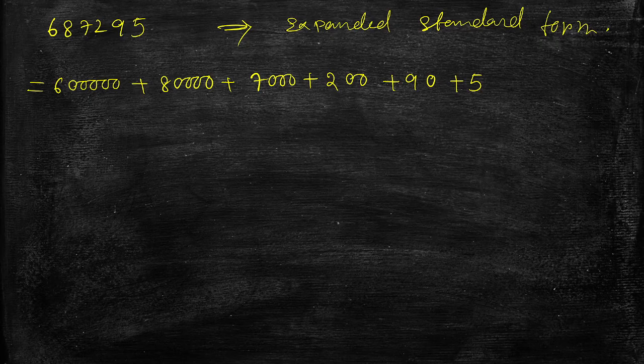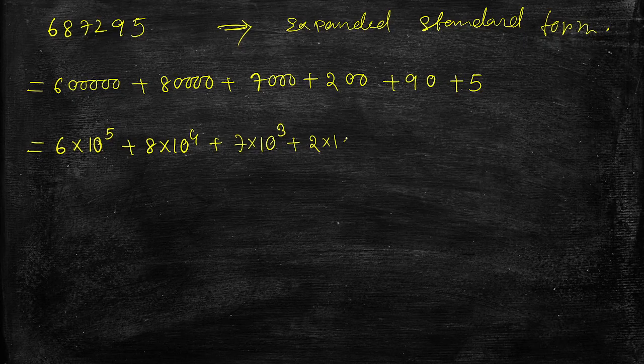Okay, so now how can we rewrite it? Simple. 6 multiplied by 10, how many zeros are there? 1, 2, 3, 4, 5, so to the power 5, plus 8 multiplied by 10, how many zeros are there? 4, plus 7 multiplied by 10, how many zeros are there? 3, plus 2 multiplied by 10, how many zeros are there? 2, plus 9 multiplied by 10, how many zeros are there? 1, plus 5 multiplied by 10, how many zeros are there? 0.